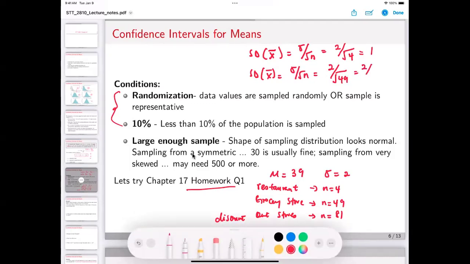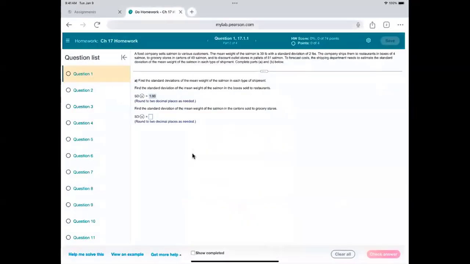So what is 2 divided by 7? When you do that, I got 0.2857. We want 2 decimal places.